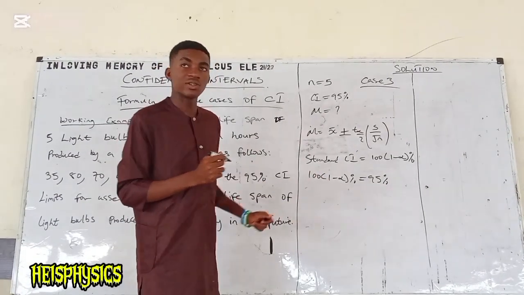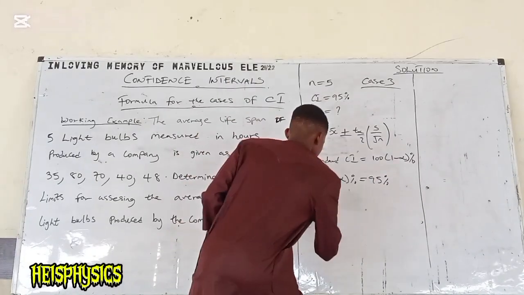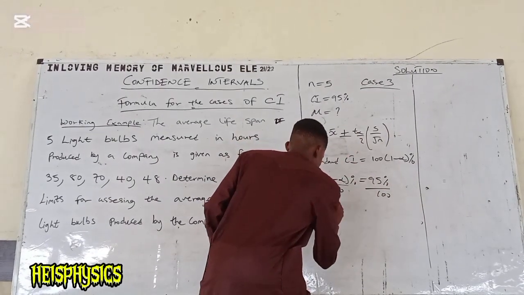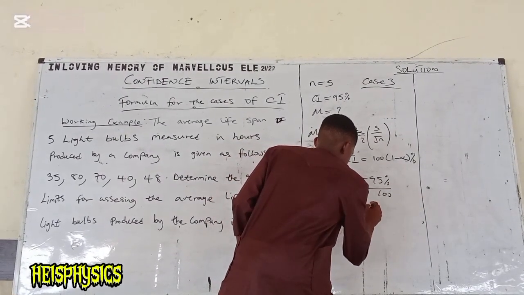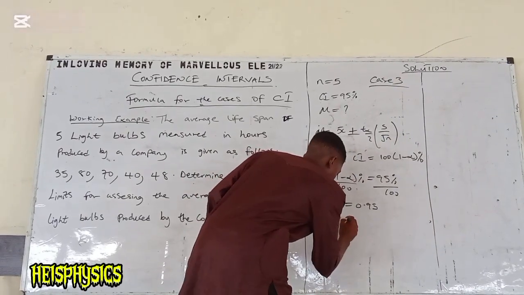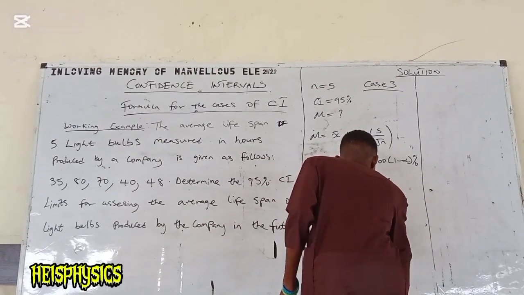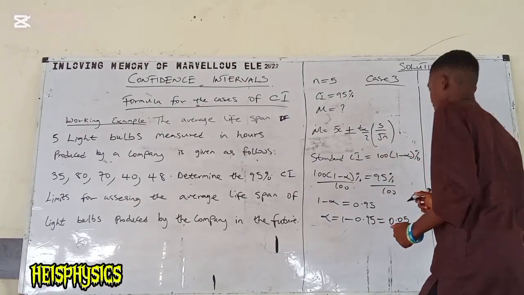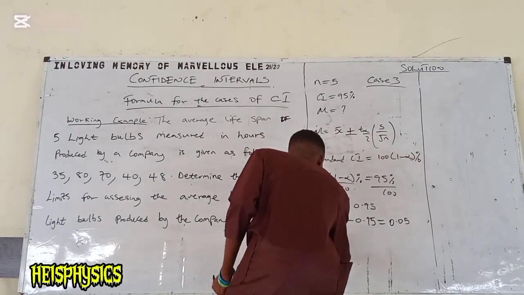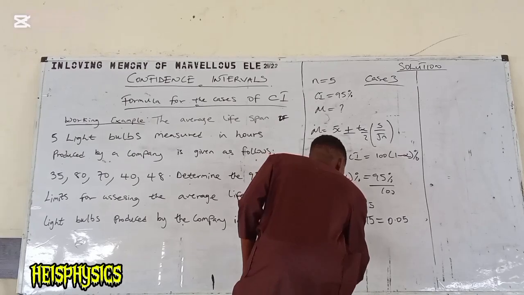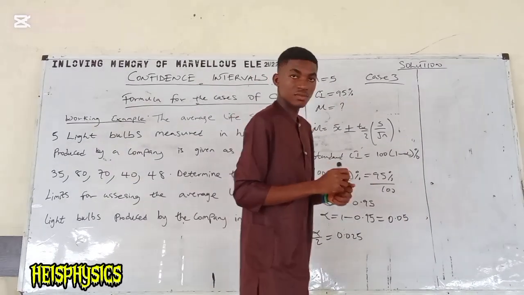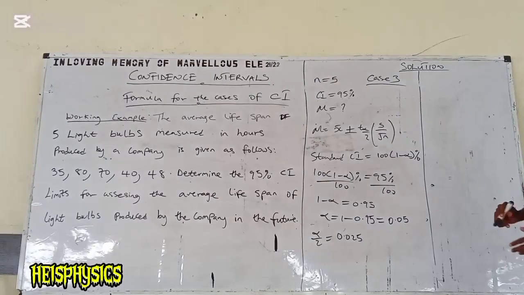Now divide both sides by 100 to get rid of the percentage. So 1 minus alpha equals 0.95, so alpha equals 1 minus 0.95, which is 0.05. So alpha over 2 equals 0.025, because we divide this by 2. Okay, so we have gotten our alpha.